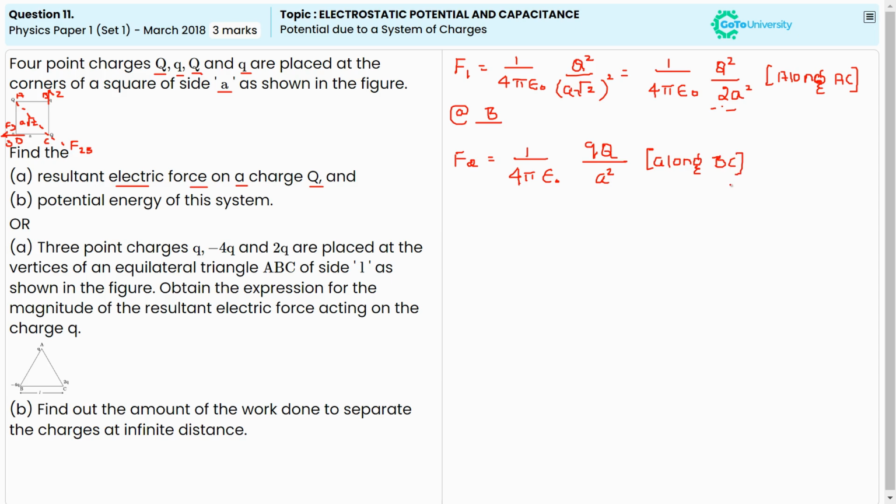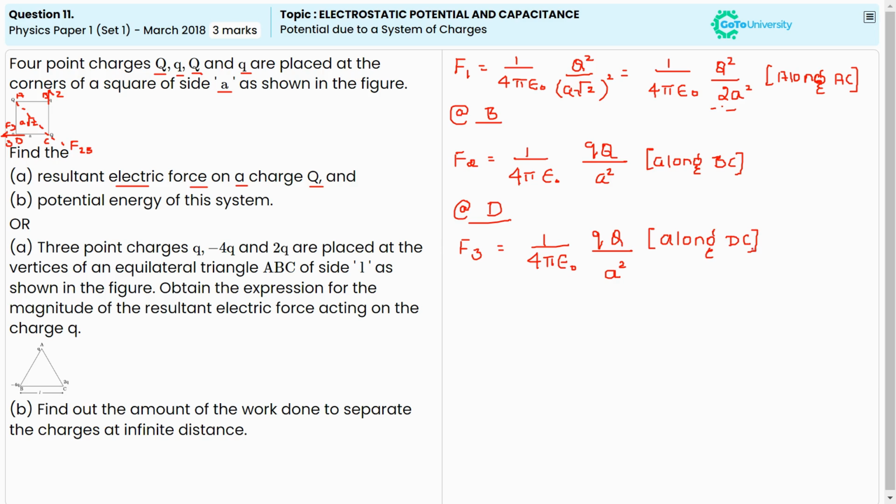Force due to the charge Q at point D, that is F3. F3 is equal to 1 upon 4 pi epsilon naught into Q square divided by a square. This is along DC.